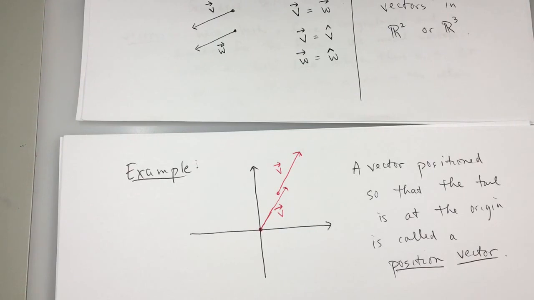And in R2, I'd be talking about, of course, the point 0, 0. In R3, we're talking about the point 0, 0, 0.